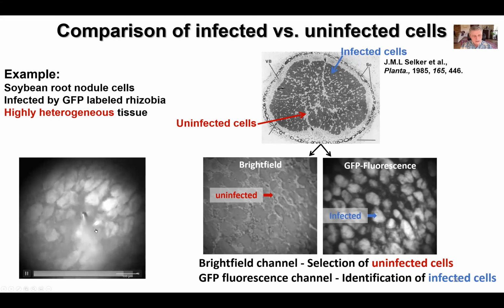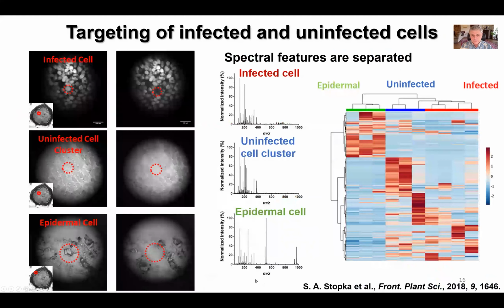As you can see here, we are ablating individual cells again and collected the corresponding spectra and analyzed them separately for infected and uninfected cells. If you do hierarchical clustering, very quickly you realize that uninfected and infected cells, as well as epidermal cells, can be distinguished.